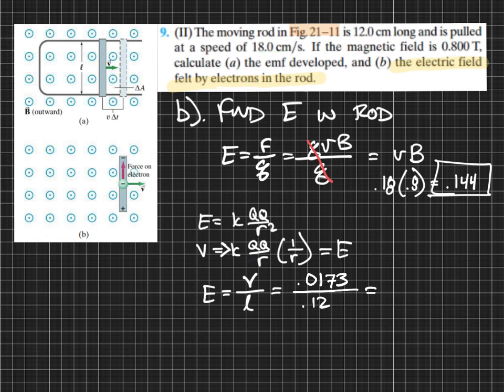Again, we get an electric field of 0.144, and this would be volts per meter, which produces that same value. So both of those would work. This might be a little bit more technical way of solving for it, but both of those are going to work as well.